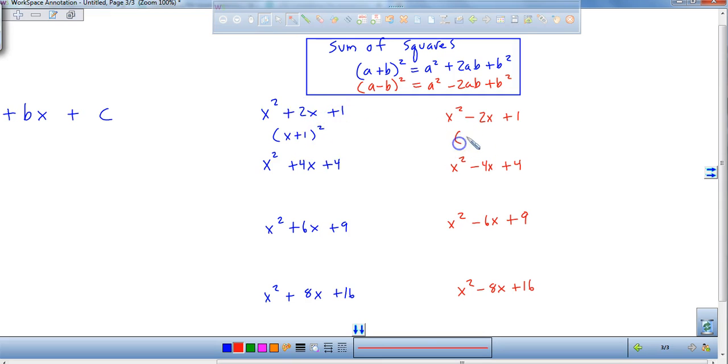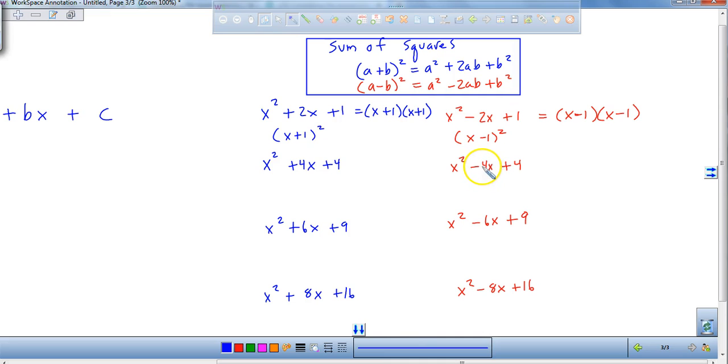Over here, this is going to factor to x minus 1 squared, which basically means you have x minus 1 times x minus 1, just like over here this would equal x plus 1 times x plus 1.